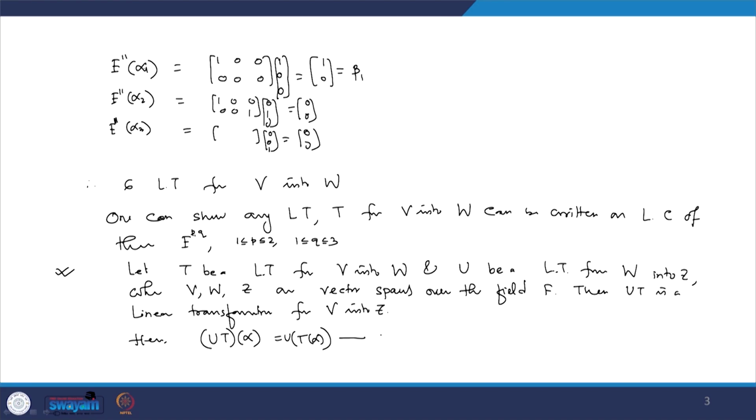Now, for any alpha, beta belongs to V and C belongs to capital F, consider UT operating on C alpha plus beta. This is equal to U of T of C alpha plus beta.